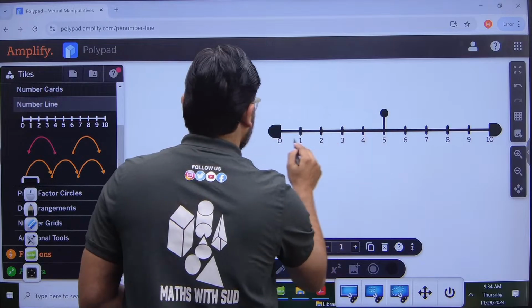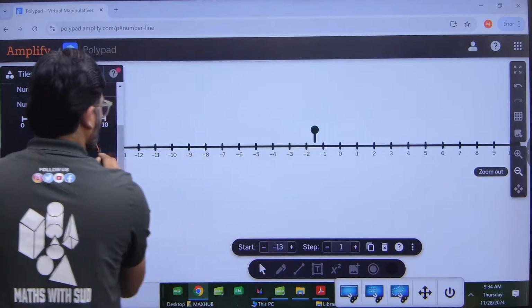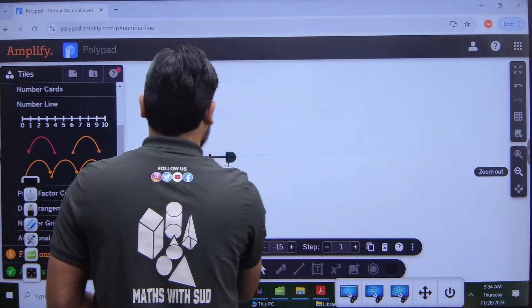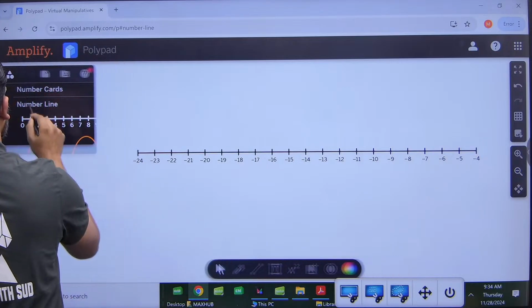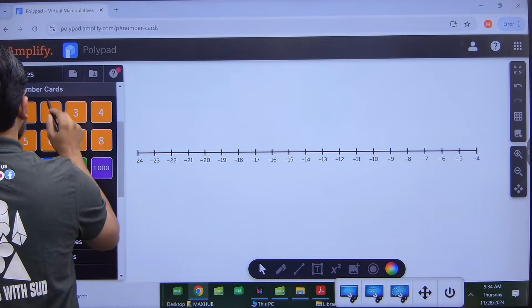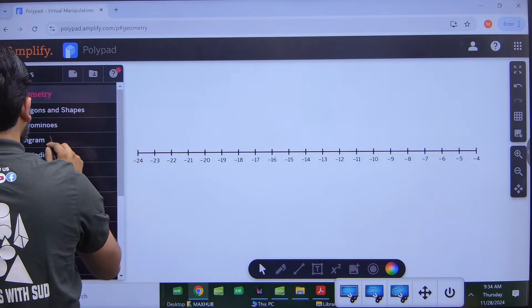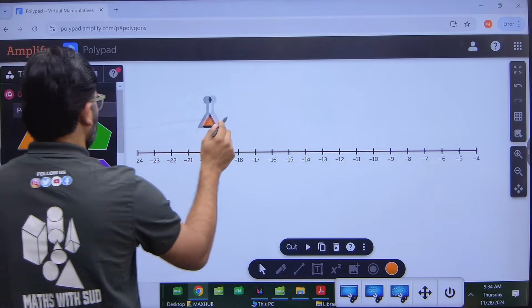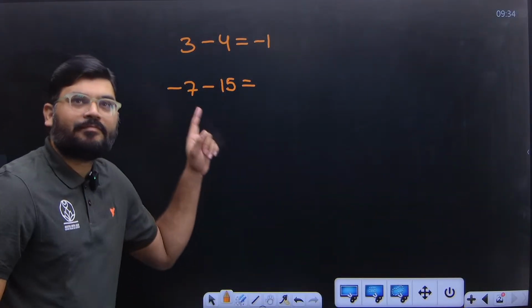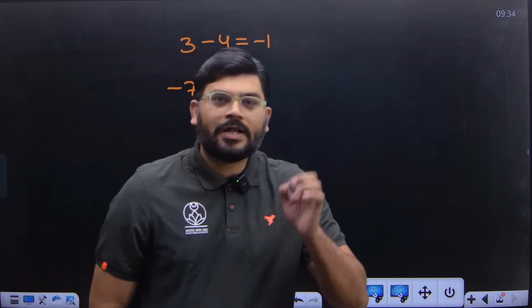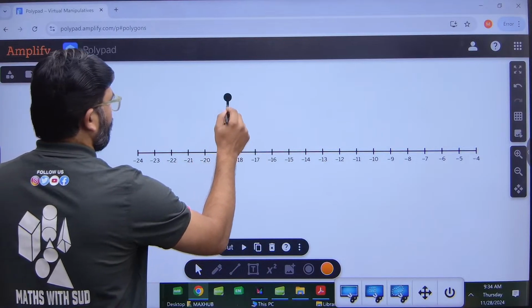So this is a number line. -7 minus 15 means you are sitting on minus 7.